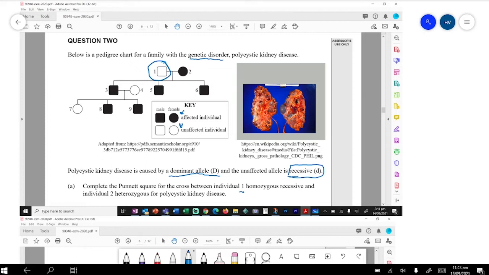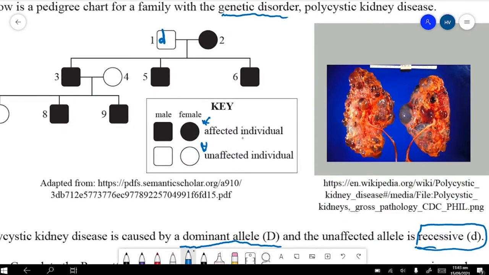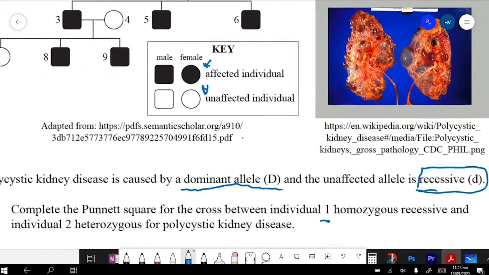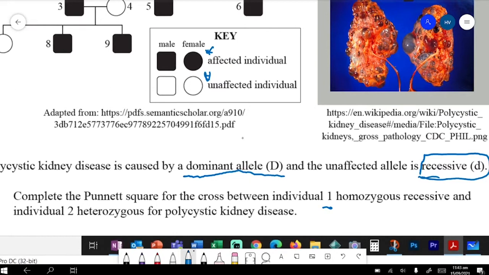Now remember, if you display the recessive trait, and in this case it will be healthy, you have to be little d. Little d.